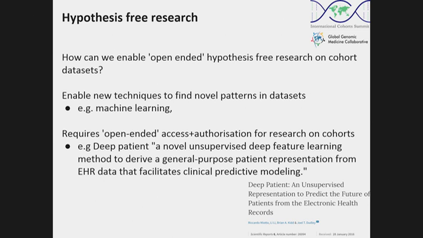We want to enable some of the new techniques, such as machine learning techniques, which will just look at a data set and start to find patterns that a human may not be able to write down in an application for doing open-ended research, because you don't really know what patterns you're going to find. So this requires a different request authorization process.